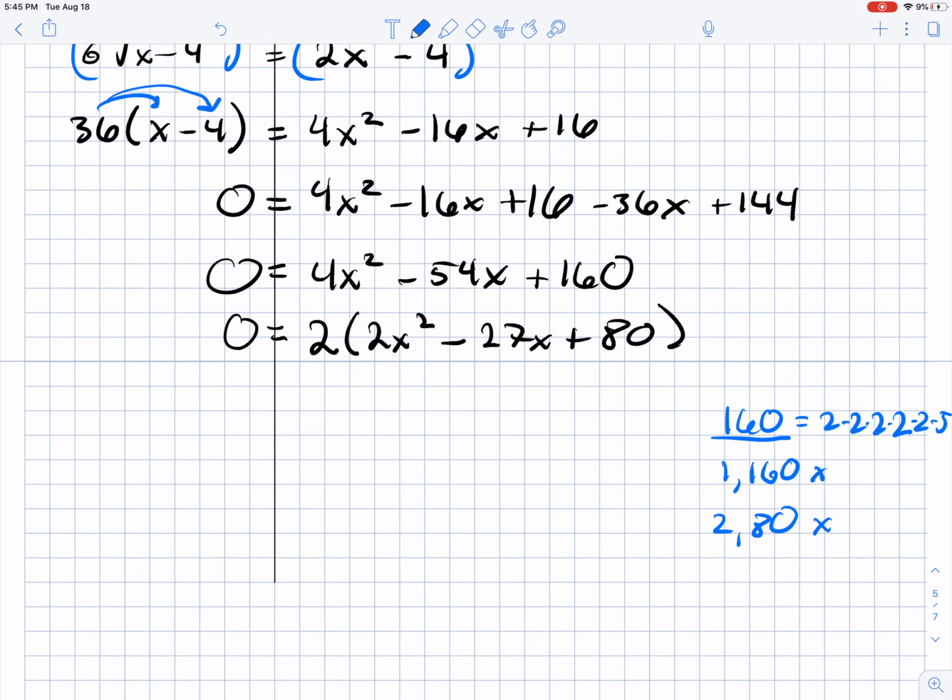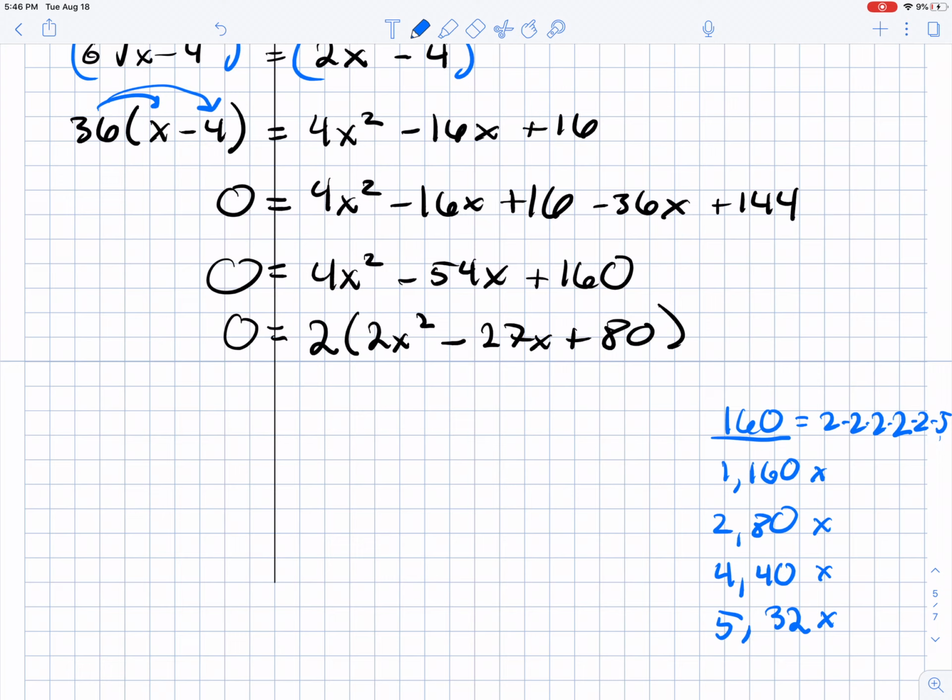So we can say 4 times 40, but that adds up to 44, so that's no good. We can do 5, because we have a 5 on the far right. So it looks like it's 5 times 32, since 2 times 2 is 4, 8, 16, 32. But these add up to 37, so that's no good.